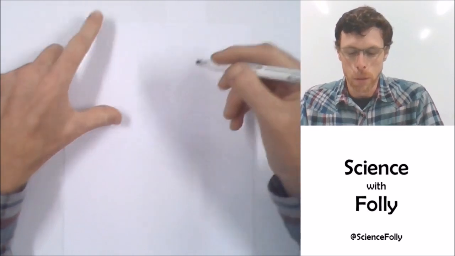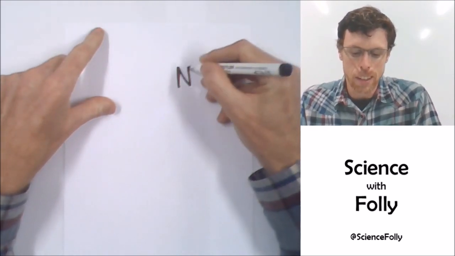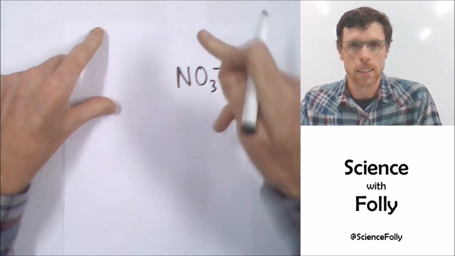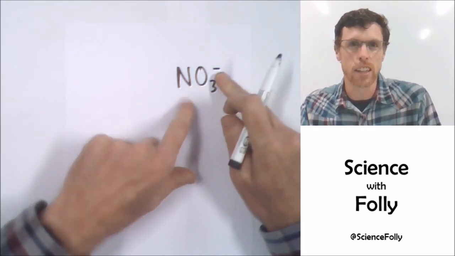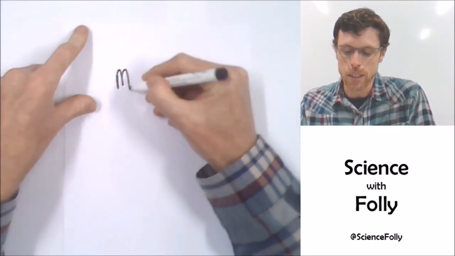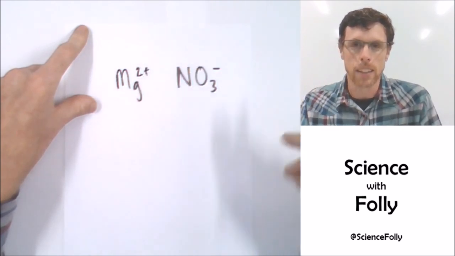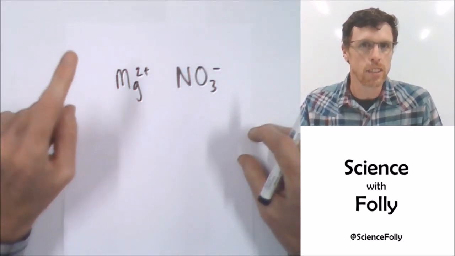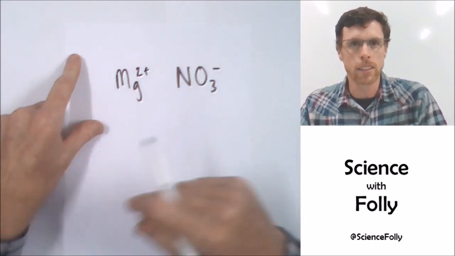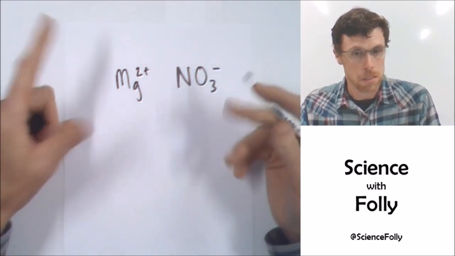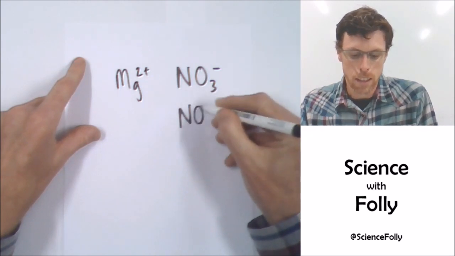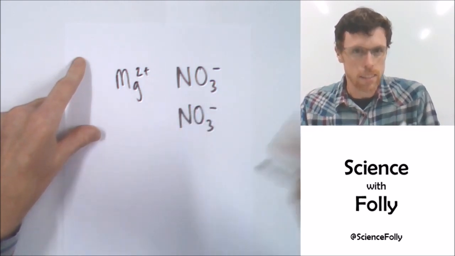Now, some ions are what we call polyatomic ions. For example, NO3-. This ion we call, anyone know? It's nitrate, and it's got a charge of 1-. Now, if nitrate wants to join up with magnesium, magnesium's got a charge of 2+. How many nitrate ions are we going to need to balance the charge? You guessed it, 2. And so, here's the tricky bit.